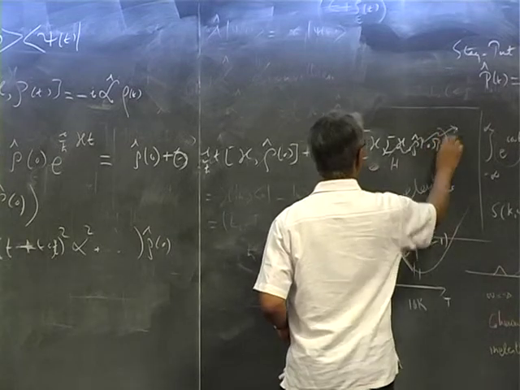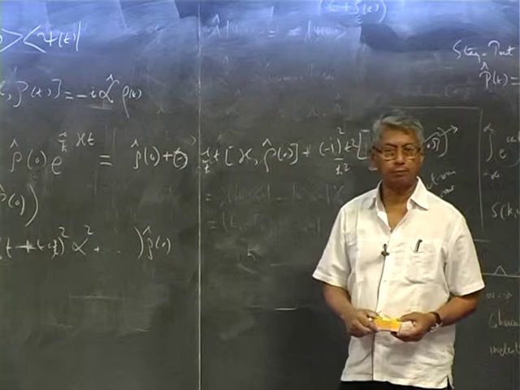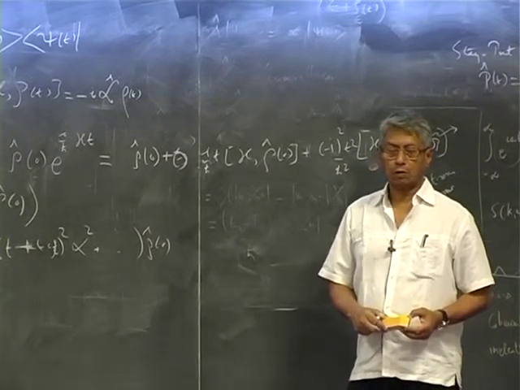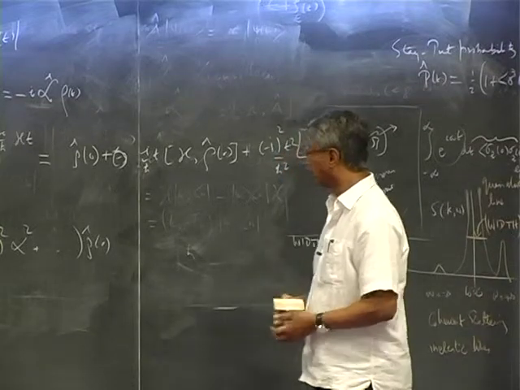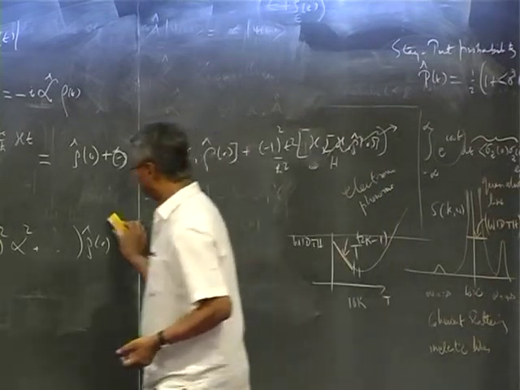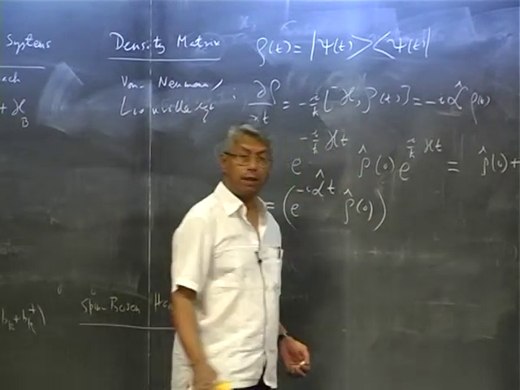So same thing you would get by writing it in terms of a Liouvillean and using the commutation properties, right? Okay?